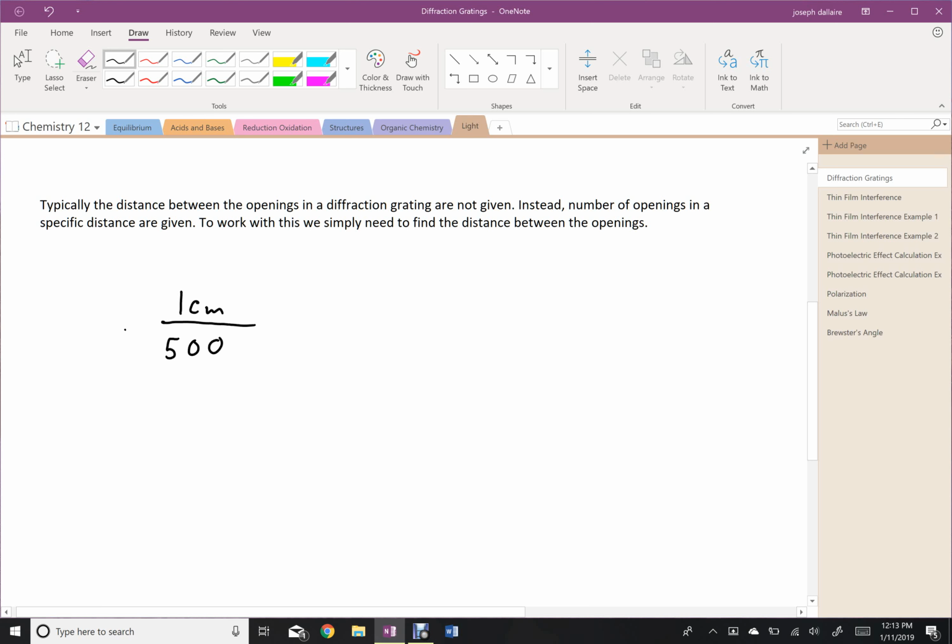We can then figure out that the distance between the individual openings must be 0.002 centimeters, or 2 times 10 to the negative 5 meters.